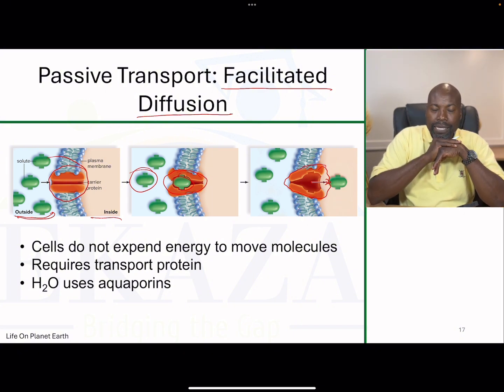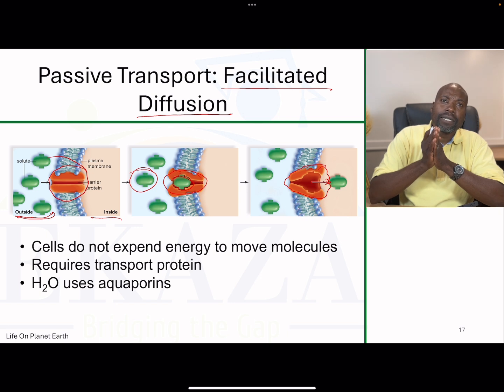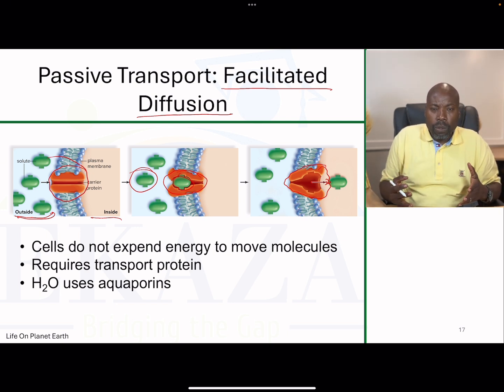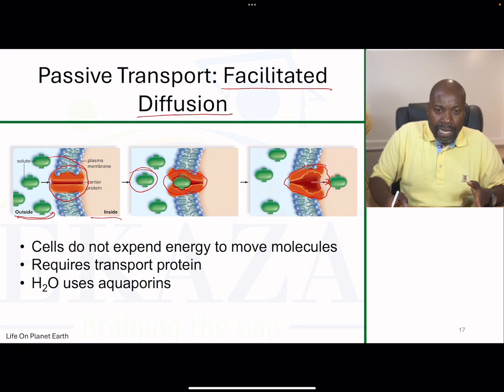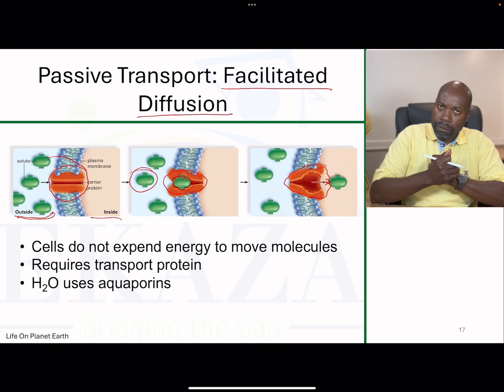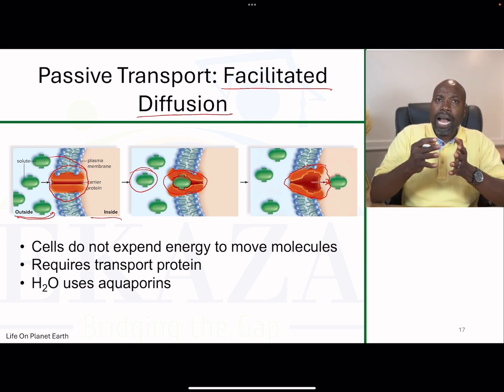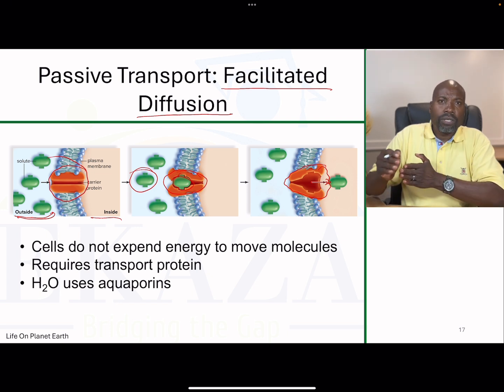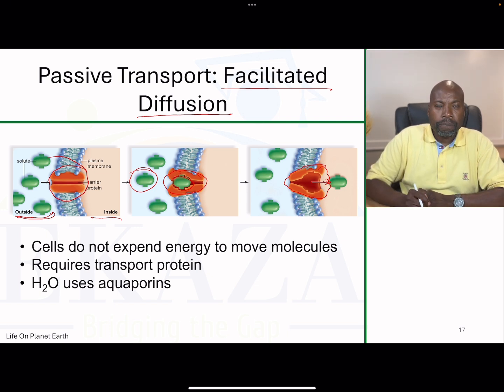Now, it is a fact that in our water-based environment where our cells find themselves, a lot of the molecules are either charged, polar, or large. As a consequence, these chemicals are not necessarily able to cross the plasma membrane.